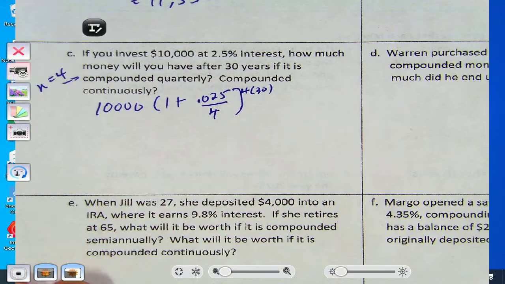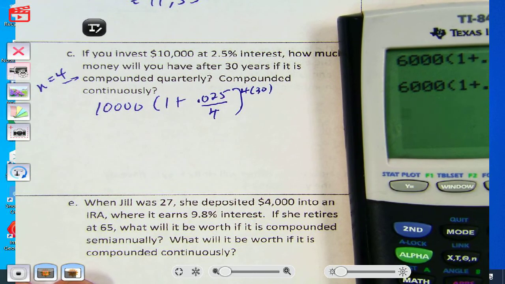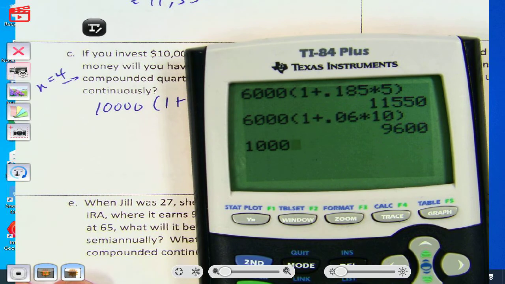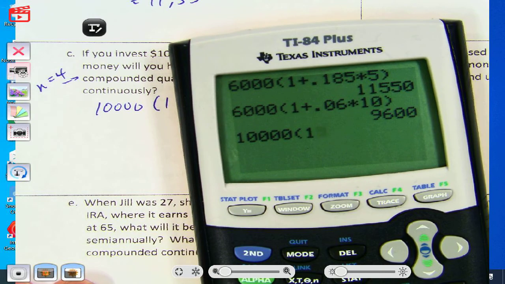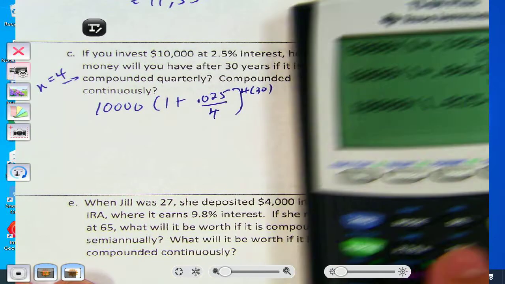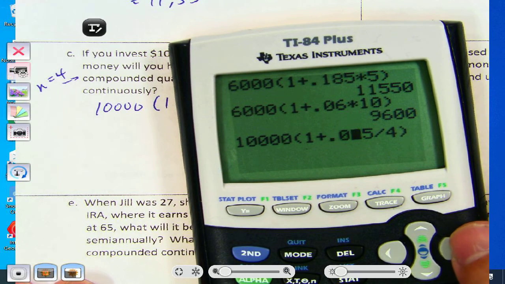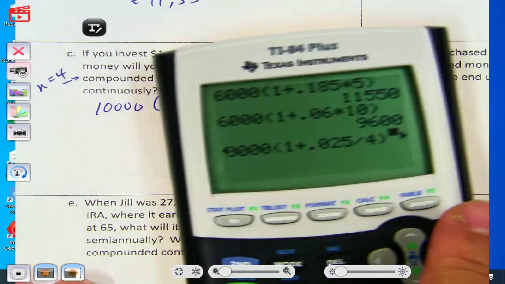All right, let's put that in the calculator. That's ridiculous. Well, if you're investing that kind of money, that's not a bad deal. 10,000 times 1 plus 0.025 over 4, raised to the 4 times 30, I'm just going to put 120.